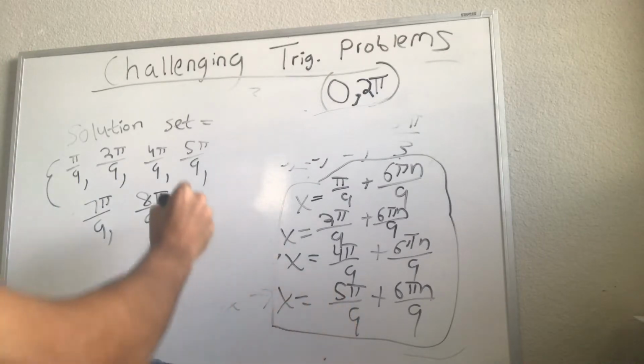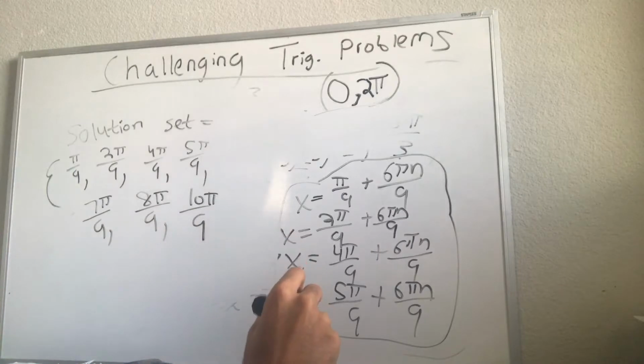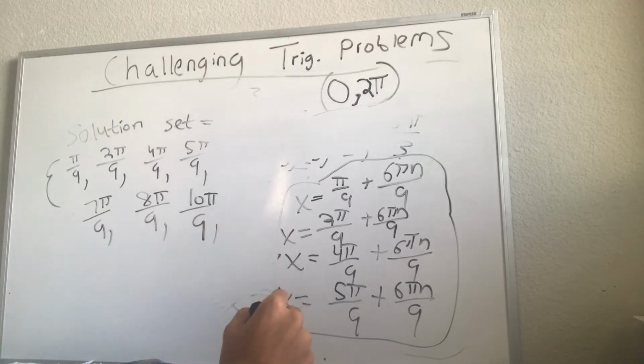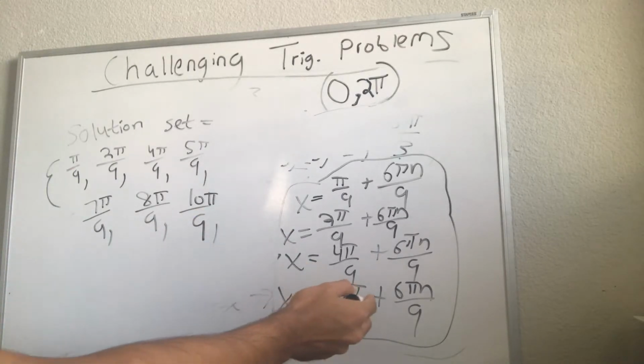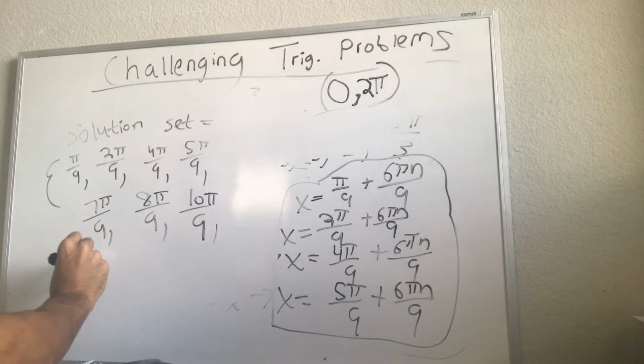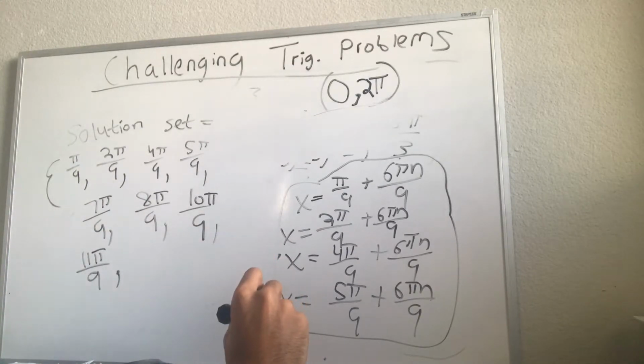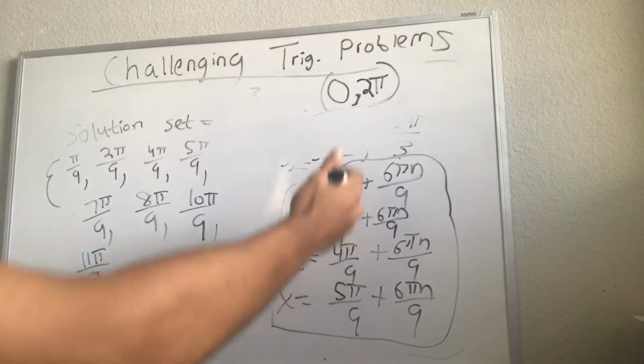That's 10 pi over 9, right? And then we can do the same thing here. So we have 6 pi plus 5 pi. That's 11 pi over 9. And so now we have gone through all of the 4.